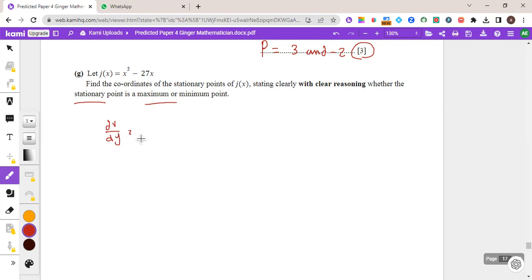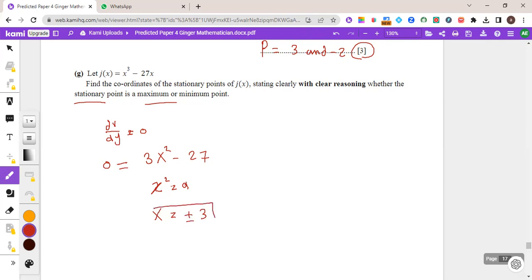dy by dx equals 0, exactly. Then what is dy by dx here? It will be 3x squared minus 27 equals 0. Then x squared equals 9. Then x equals positive or negative 3.